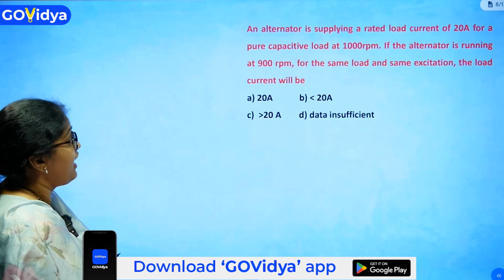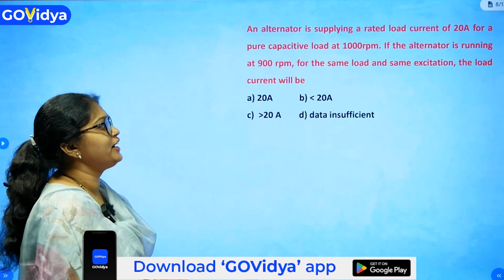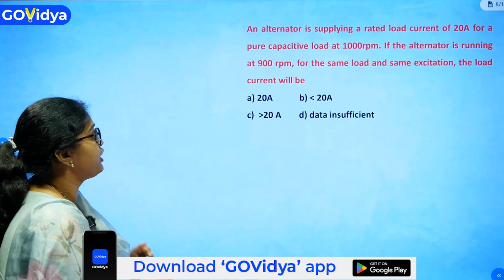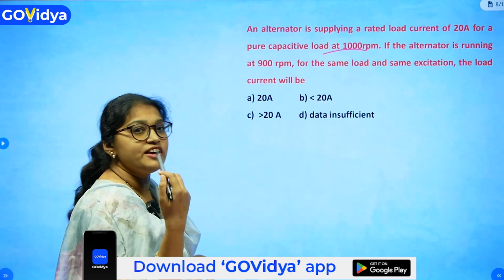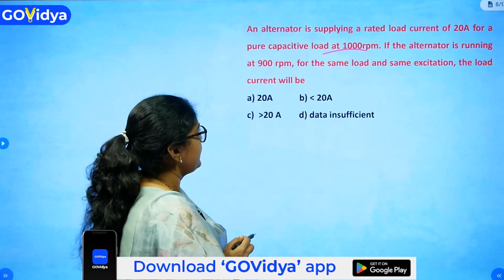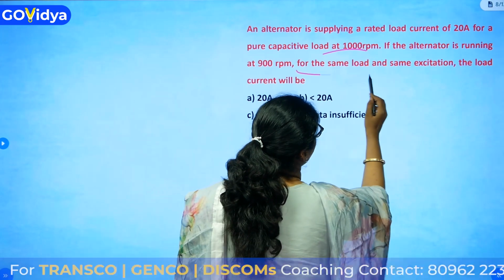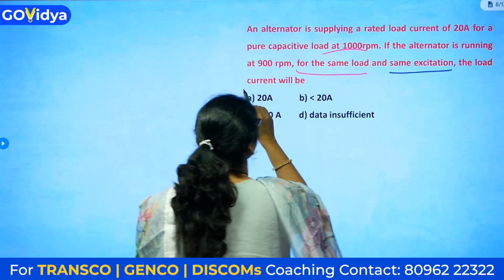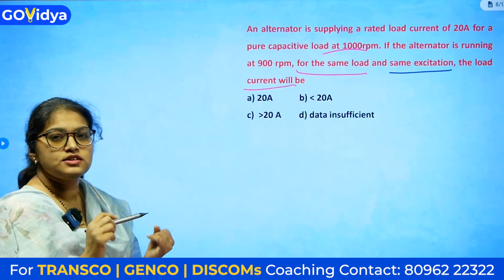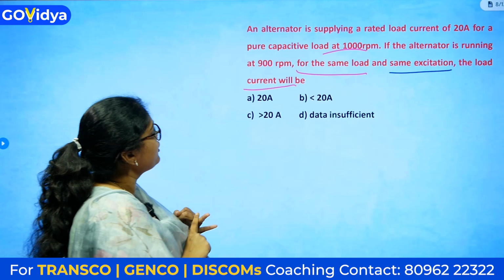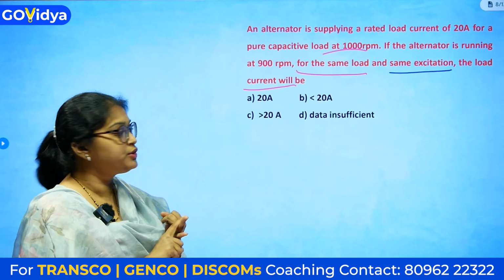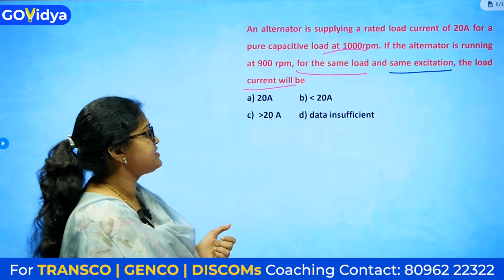Clear? An alternator is supplying a rated load current of 20 amperes for a pure capacitive load at 1000 rpm. If the alternator is running at 900 rpm for the same load and the same excitation, the load current will be? Speed has been decreased, and we have to calculate the load current for the same load and the same excitation.